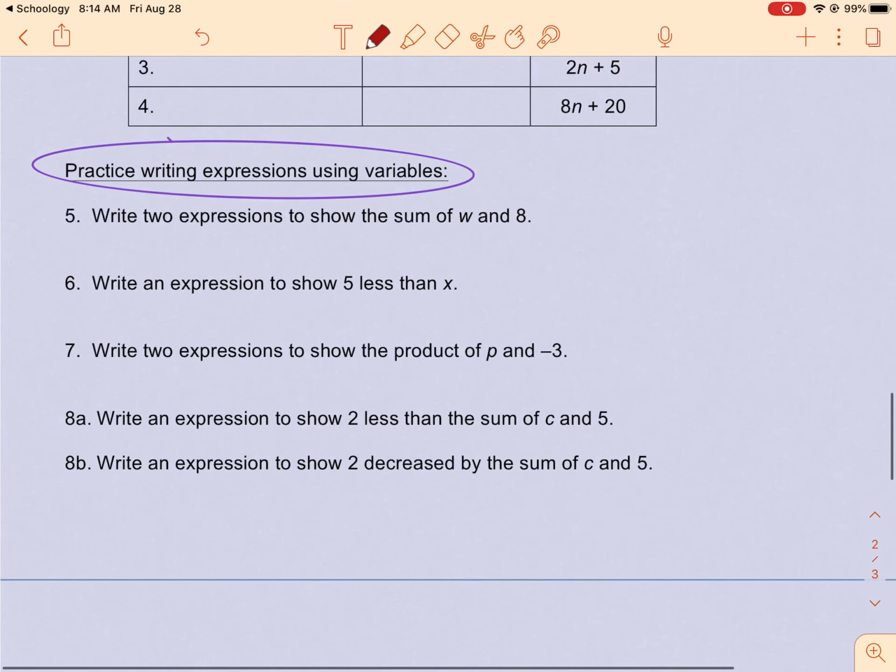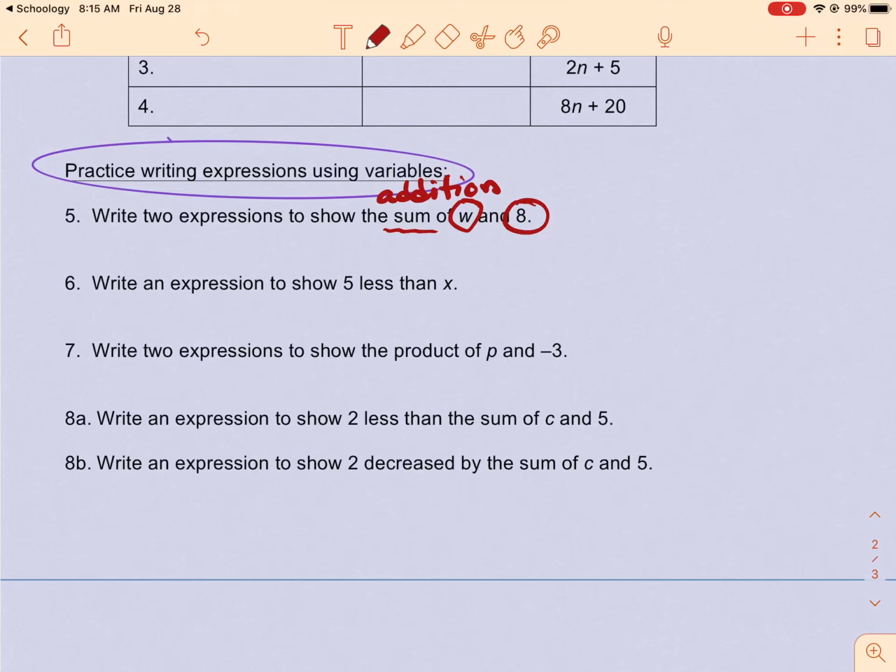If you look at some of these bottom things, now they want to give us stuff in words, and we want to use variables and numbers to help put it together. So there's a lot of things you want to key in on. So it says write 2 expressions, so we're going to have 2 answers for this one to show the sum. We know that the word sum means addition, and they're telling us what they want us to add, W and 8.